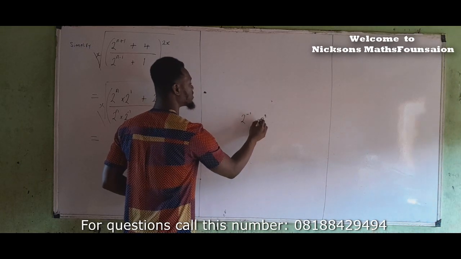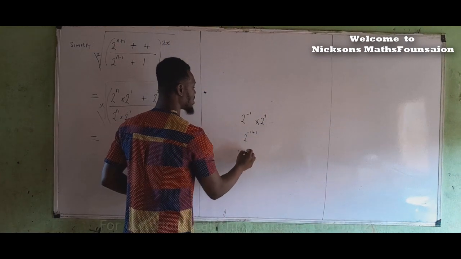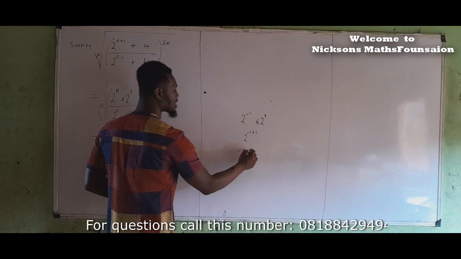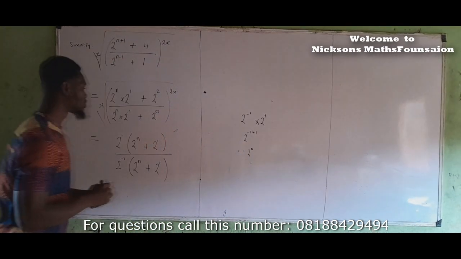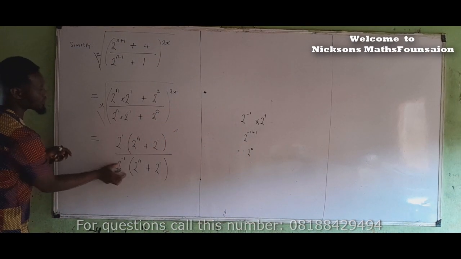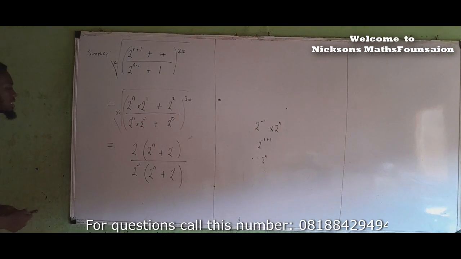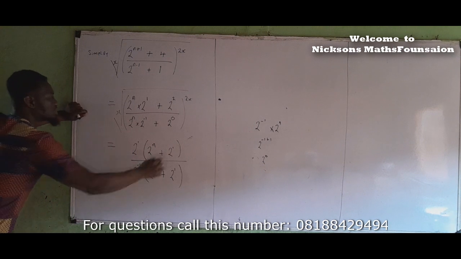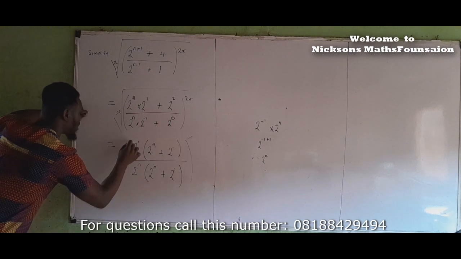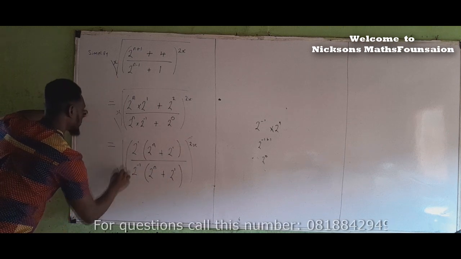That's 2 raised to power minus 1 times 2 raised to power 1. So according to laws of indices, you add the powers, that's 2 raised to power minus 1 plus 1, and minus 1 plus 1 will give me 0. So when you factor out this, it settles this here. All of them are raised to power 2x, x root.